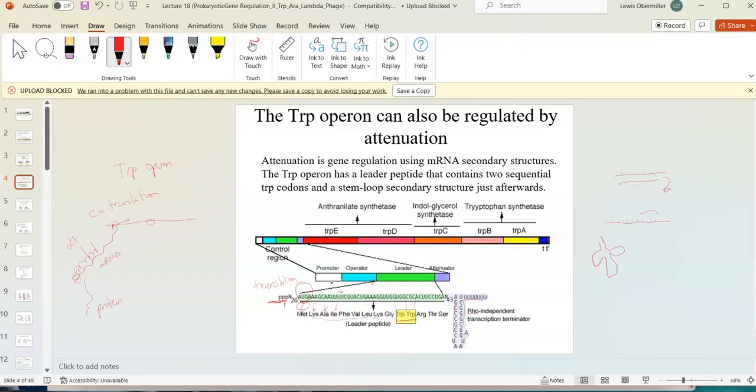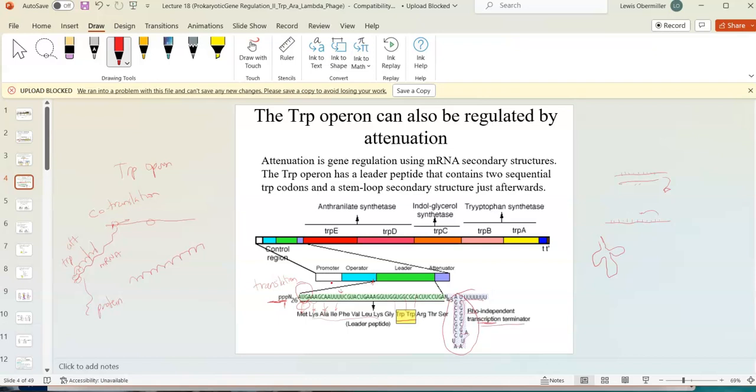And if there's tryptophan present, then the tRNA can bring in the anticodon to this codon, and the ribosome is going to just continue on its merry way and keep reading, right? And so this is relatively fast. And the ribosome has an effect on the way that this structure is made right here.